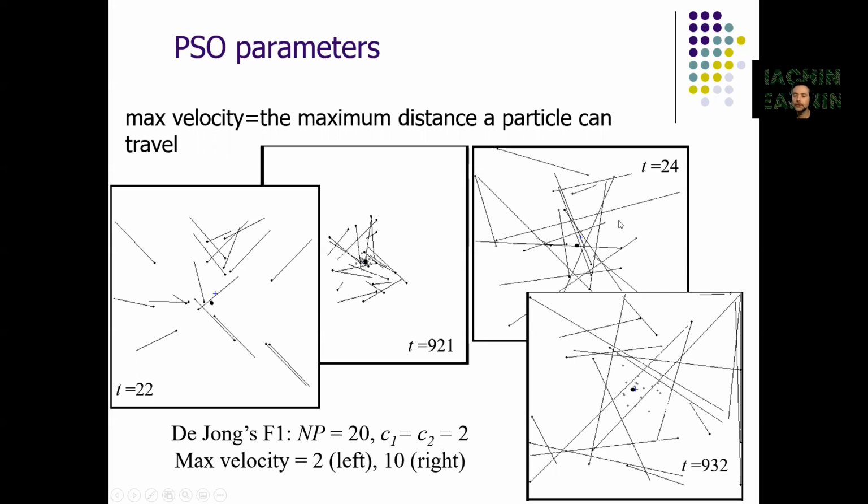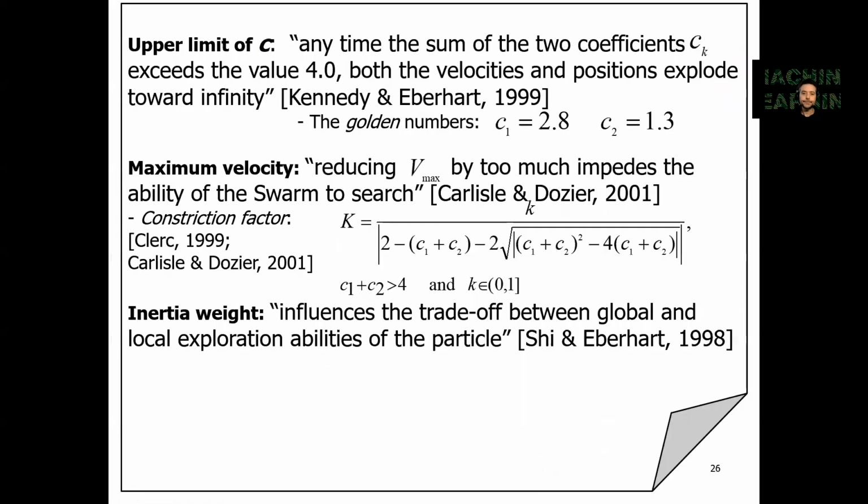Nevertheless, the swarm cannot really converge because of the maximum distance allowed to each particle to travel. After 900 iterations, you see how long the velocity vectors are, which prevent the particles from converging into the promising neighborhood where the global lies.